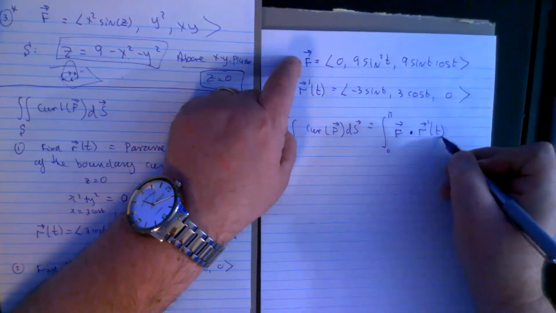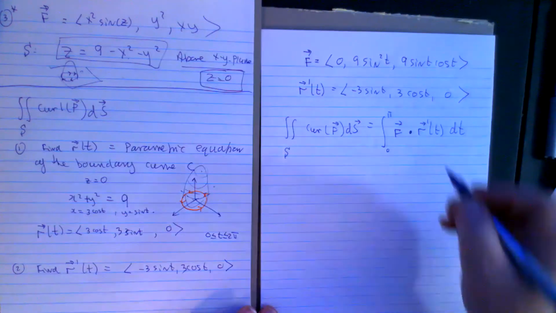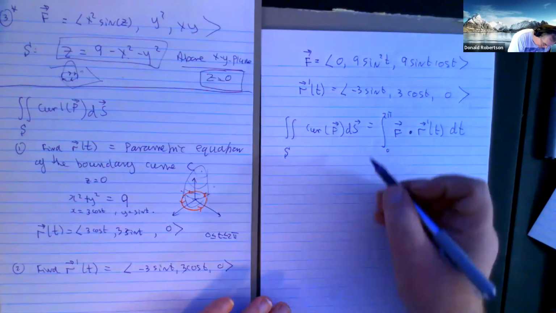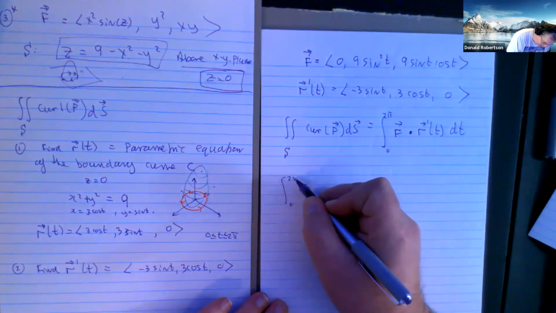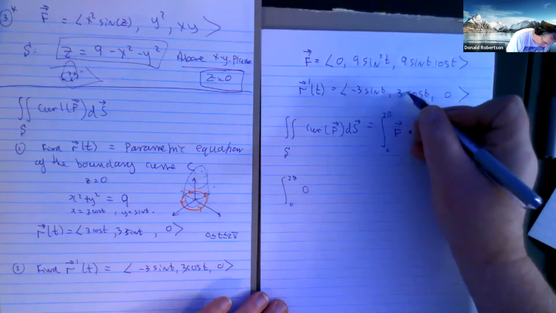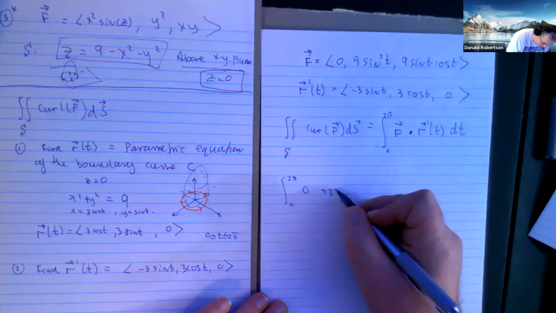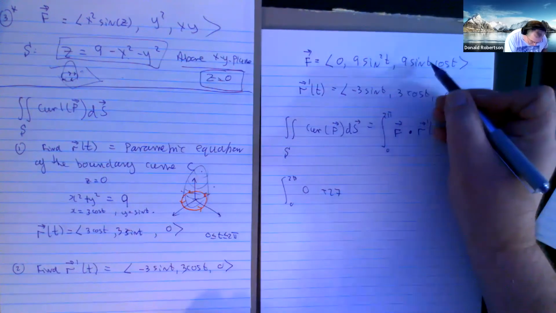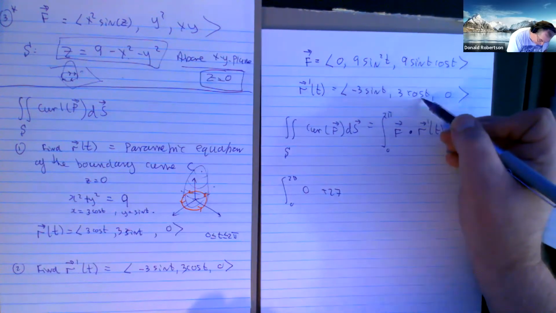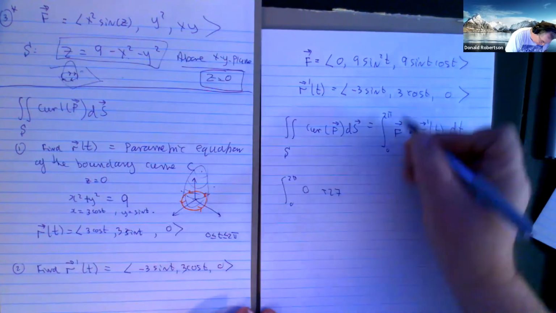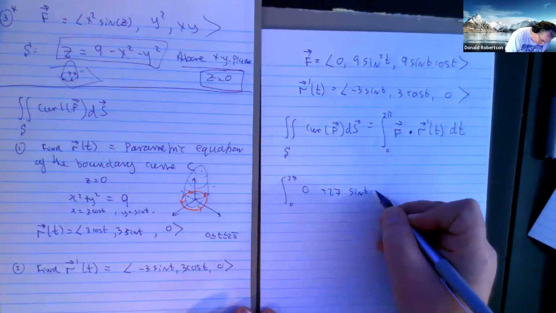Is it 0 to pi or 0 to 2 pi? 2 pi. That times that guy is 0. That guy times that guy is now 27. And I think we have a sine, cosine, cosine, don't we? So we're going to get 27 sine t cos squared t.